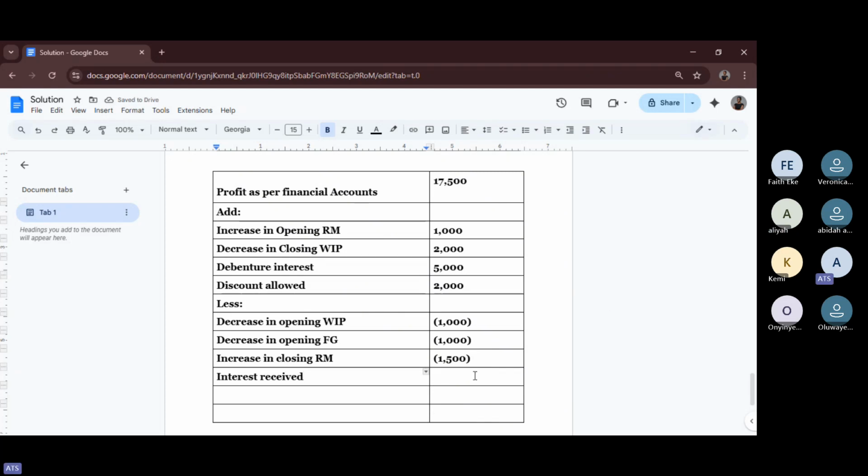How much is the interest received? 750. Discount received.